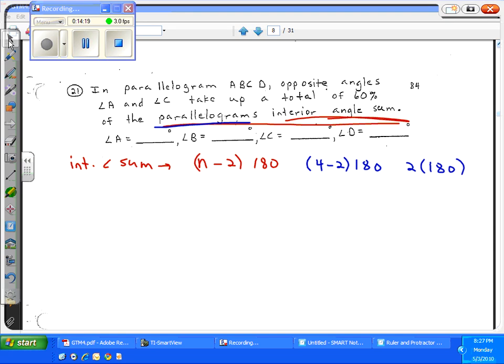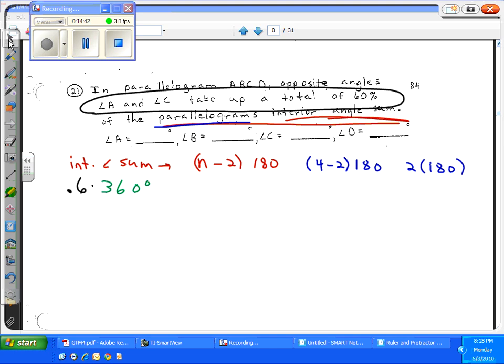And so the interior angle sum is 360 degrees. If angle A and C take up 60% of it, that means that B and D take up the other 40% of it.